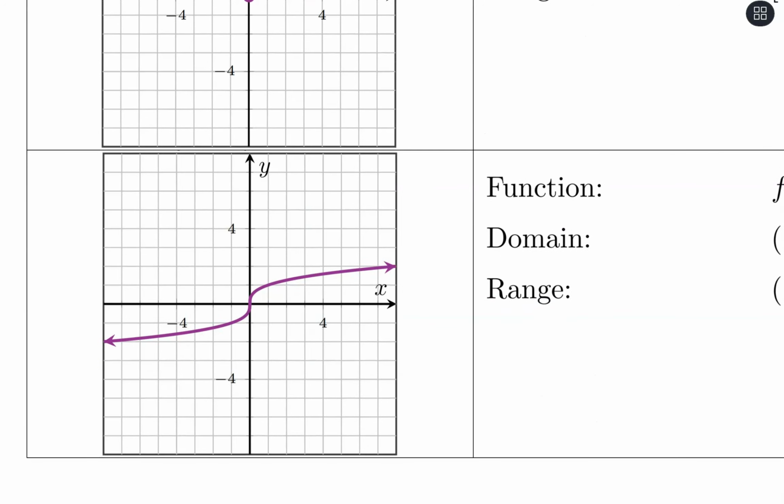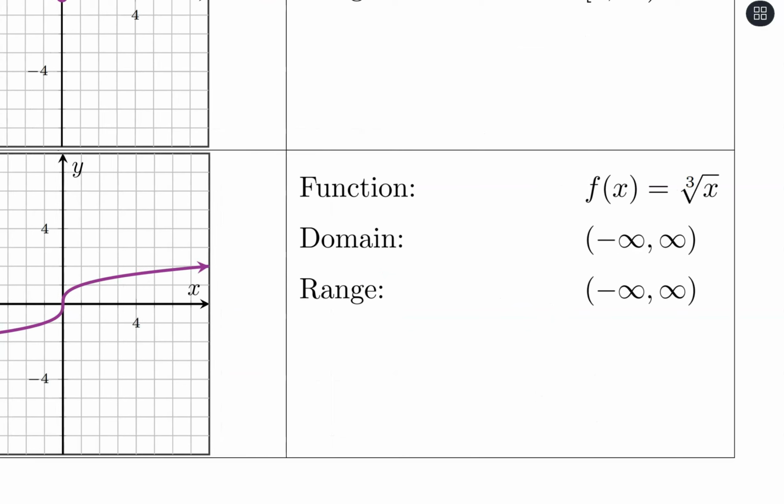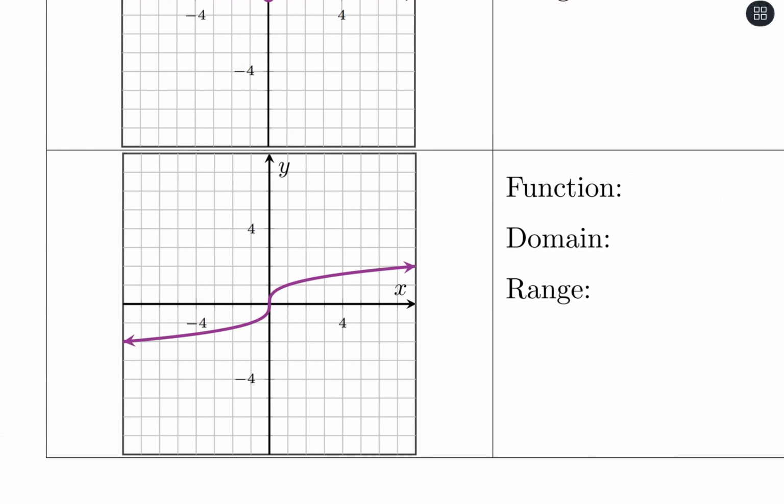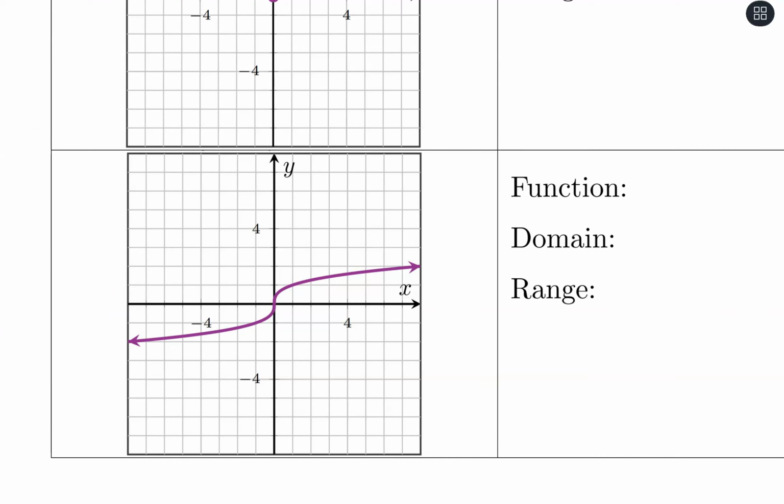Similar idea here with our cube root function. This could also be described as f of x equals x to the 1/3. Now this is a good translation of our inverse function, with our x and y values switched from our cubic function, so that now it's on its side and it still is a function.